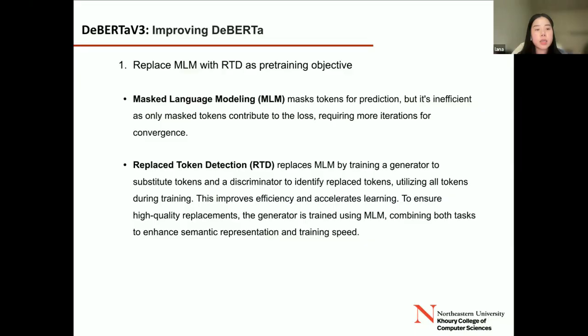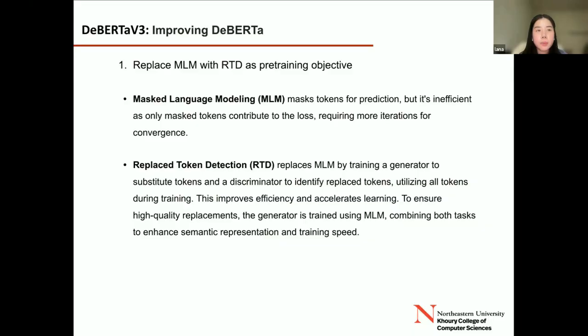In contrast, replaced token detection, or RTD, replaces MLM as the primary pre-training objective in DeBERTaV3. Instead of masking, a generator replaces some words with plausible alternatives, and a discriminator identifies whether each word is original or replaced.